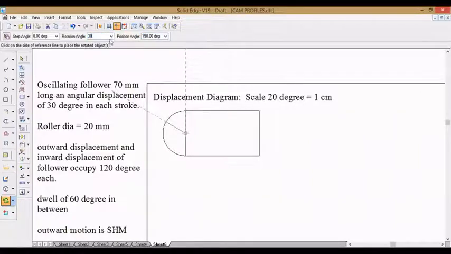Rotation angle 30 degree. So for every 30 degree, you draw the divisions. So this is the procedure for the semicircle.